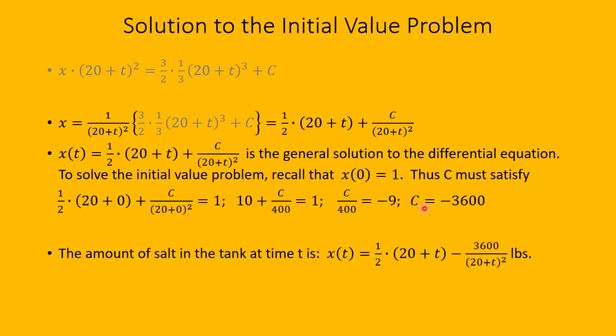Go through the arithmetic and you find that c is minus 3600. So the amount of salt in the tank at time t, that is after t minutes of flowing, is x of t equals 1/2 the quantity (20 plus t) minus 3600 over (20 plus t) squared pounds.